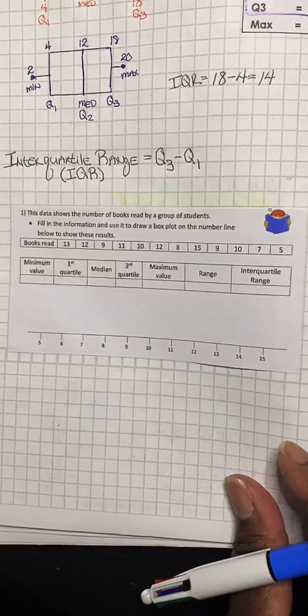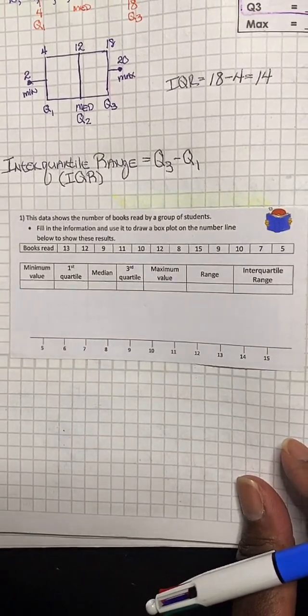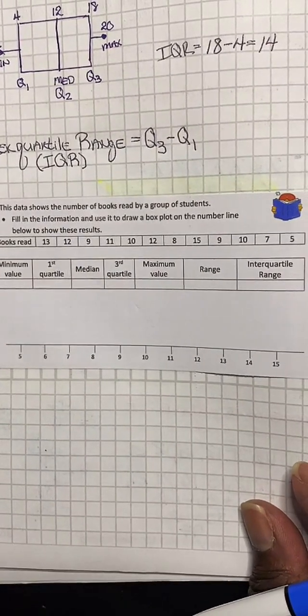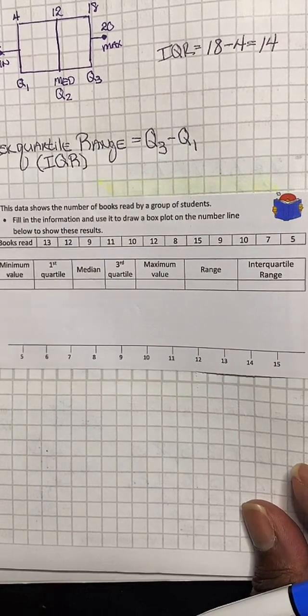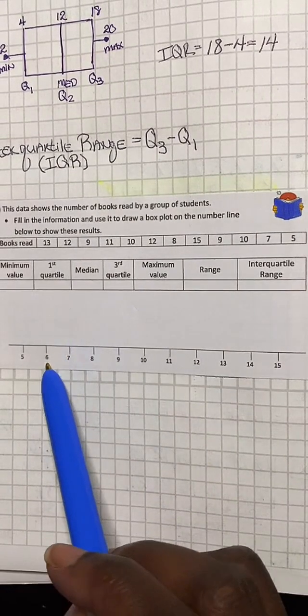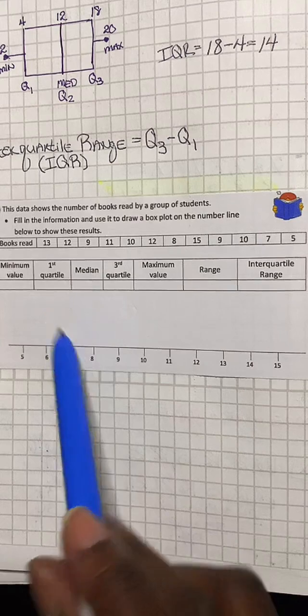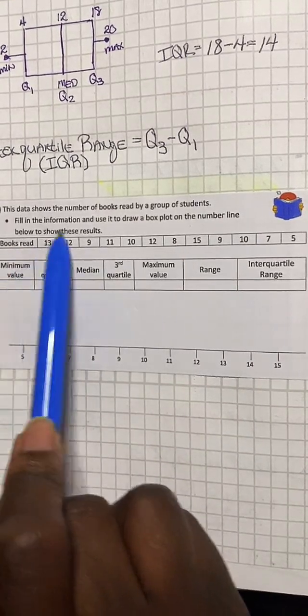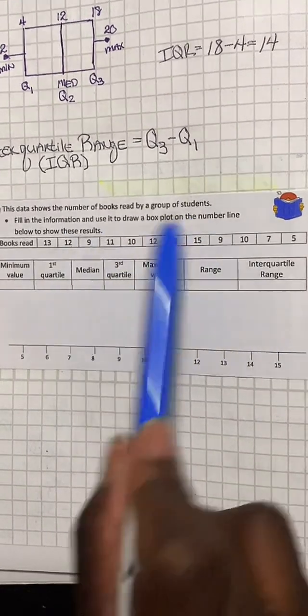All right, so I'm going to try as best I can. This is what it says, just in case it's hard to read. We have books: the number of books read by a group of students.